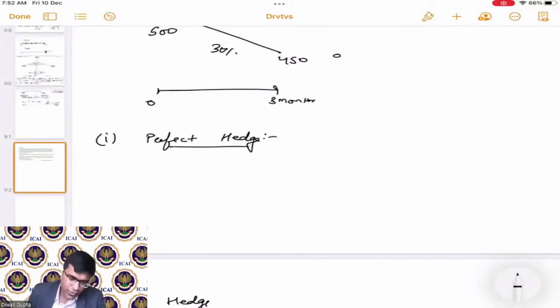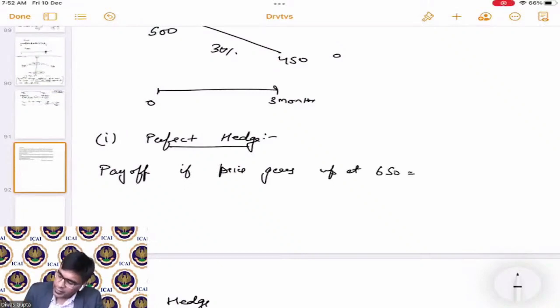See, perfect hedge. First of all, we have to calculate payoff if price goes up at 650 rupees. So it will be 650 minus 550, which is equal to 100 rupees. This will be the payoff. Payoff if price goes down at 450 rupees.